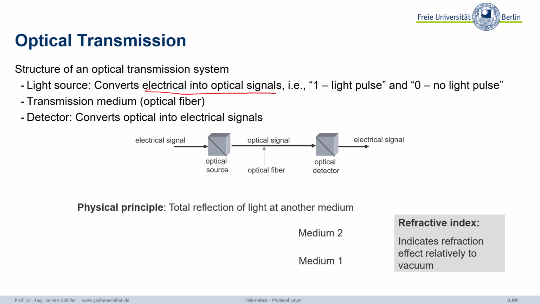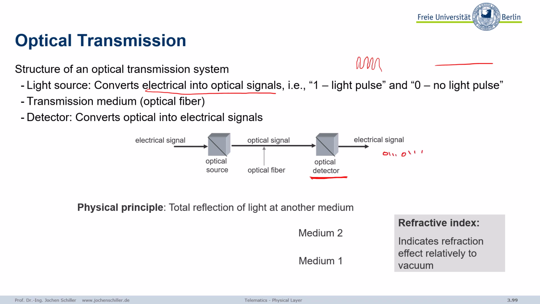So maybe 1 is a light pulse and 0 is not a light pulse. You see, this is modulation, because a light pulse typically consists of several of these waves, and no light pulse, nada, dark. We have the transmission medium, and the limiting factor typically is the detector. Because you have to convert what's coming in, your photons, into an electrical signal, then representing our ones and zeros again.